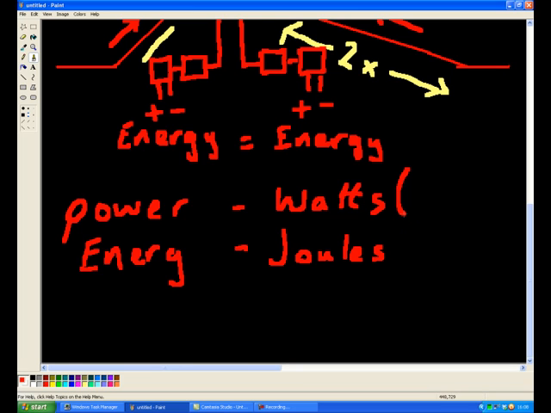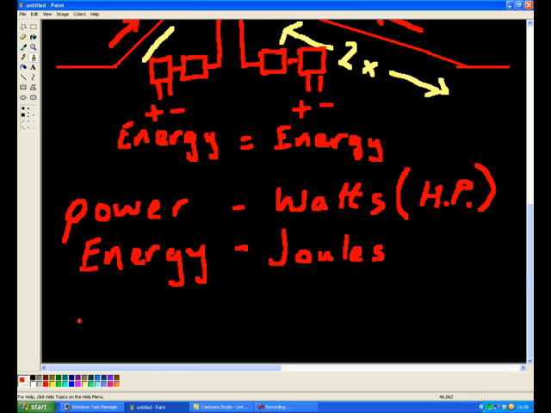Sometimes you might see power expressed as, for example, horsepower. But these are the basic measurements of power and energy.